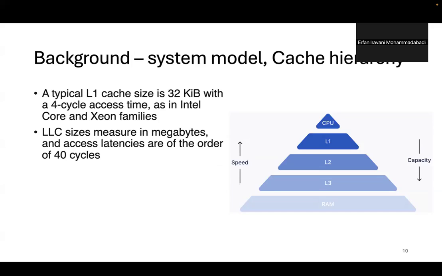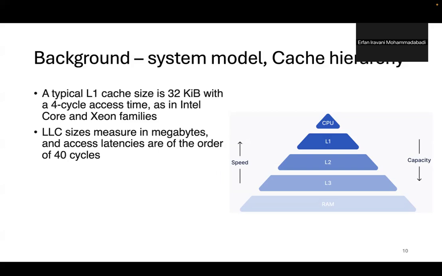Modern processors use a multi-level cache hierarchy to balance speed and capacity. As you can see in the diagram, closest to the CPU is the L1 cache, which is the smallest but fastest. It is typically around 32 kilobytes, with an access latency of around 4 CPU cycles.